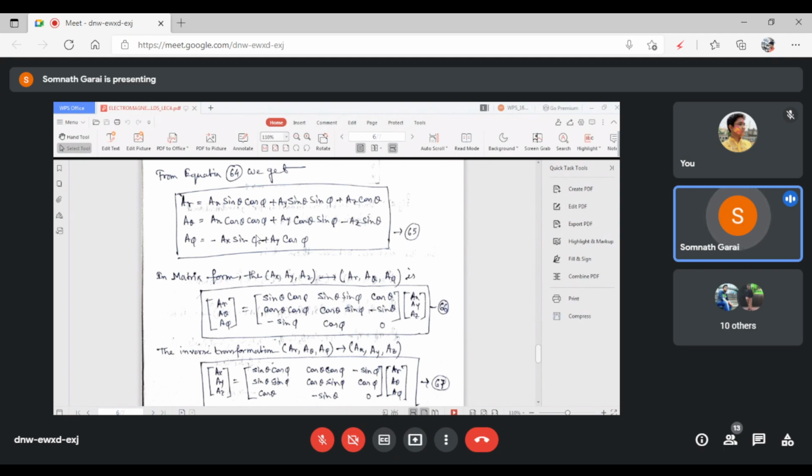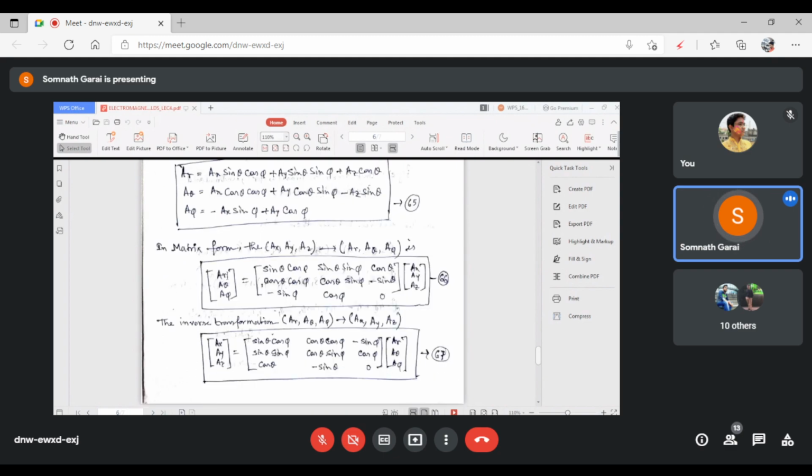And in the third row, the coefficient of AX is minus sin phi, the coefficient of AY is cos phi, and the coefficient of AZ is 0. So that is the matrix form of the components of the spherical coordinate system, that is AR, A theta, A phi, with respect to AX, AY and AZ.